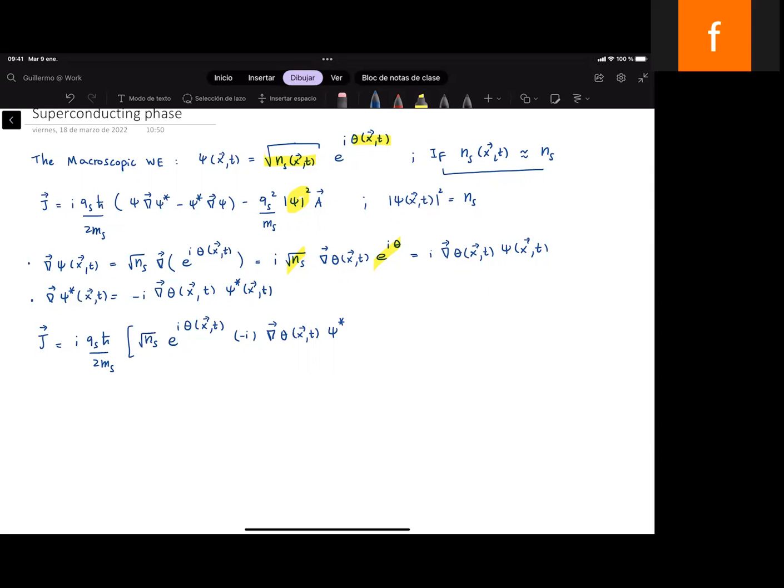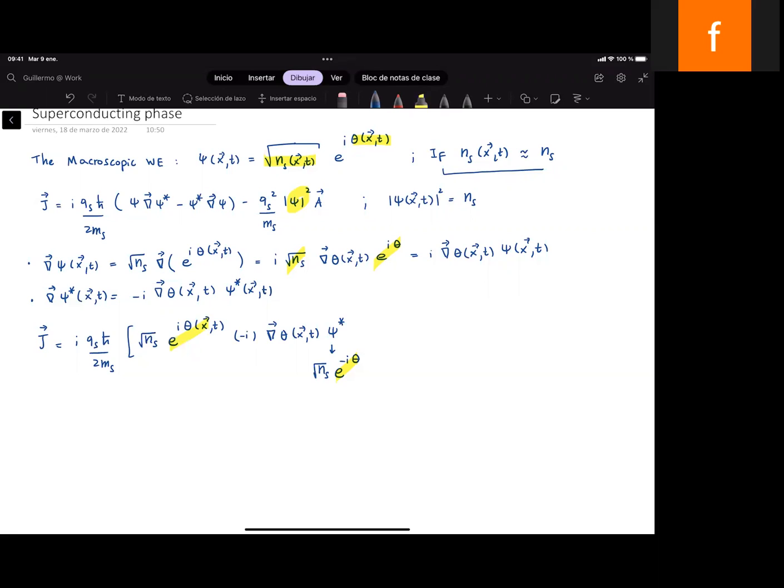You see? And the important thing is that psi conjugate introduces square root of n_s e to the minus i theta, and this e to the minus i theta will cancel this one. You see?